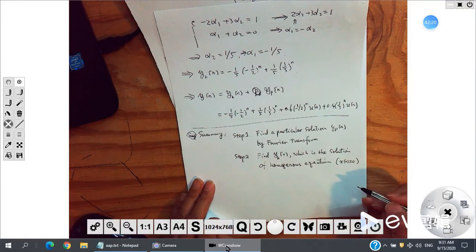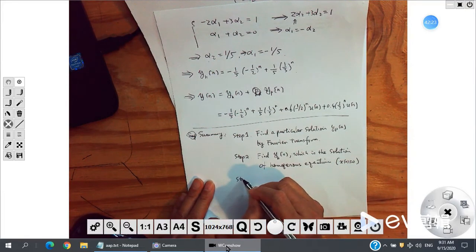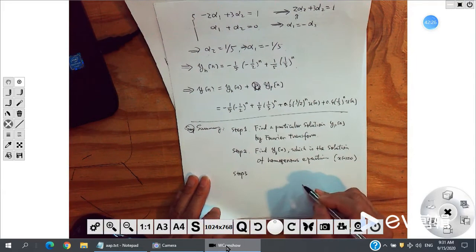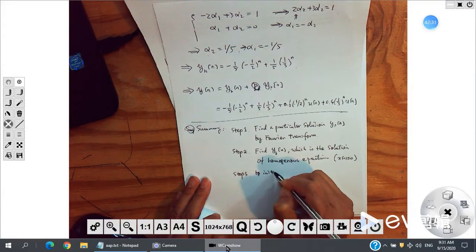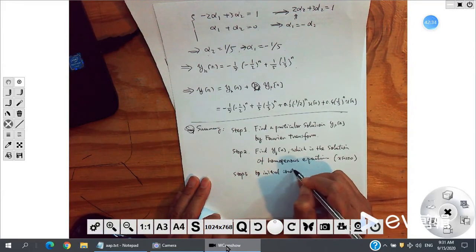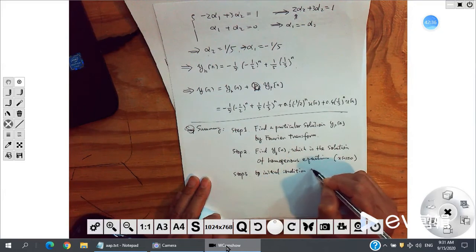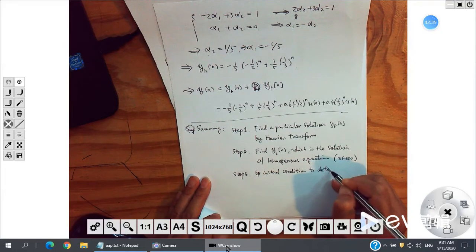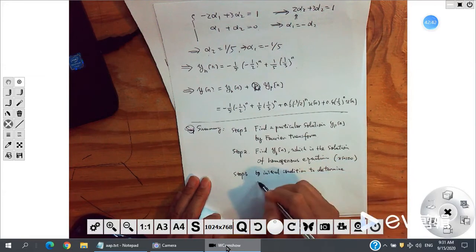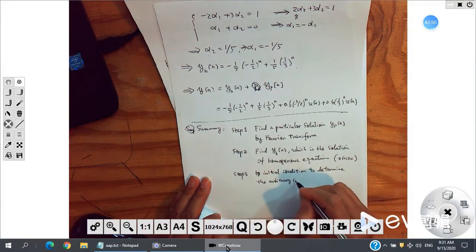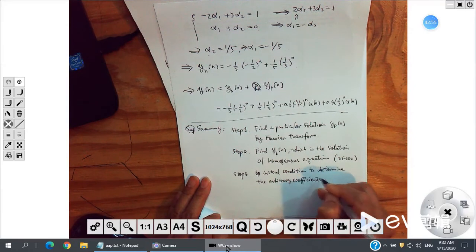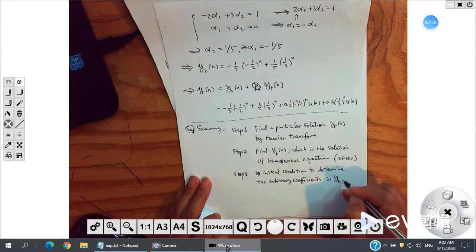Yeah. And step 3, by initial condition to determine the arbitrary coefficients in Y_H of n.